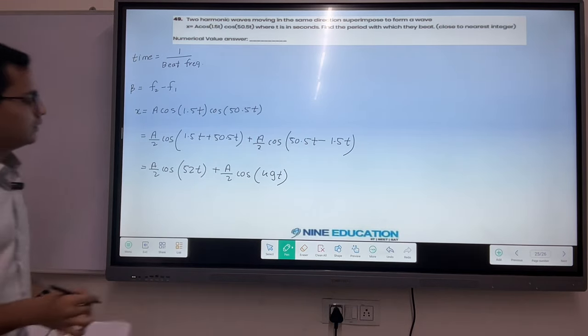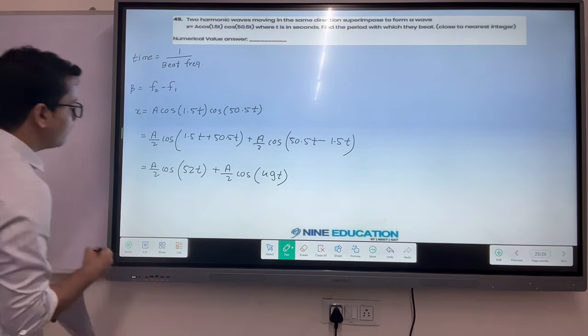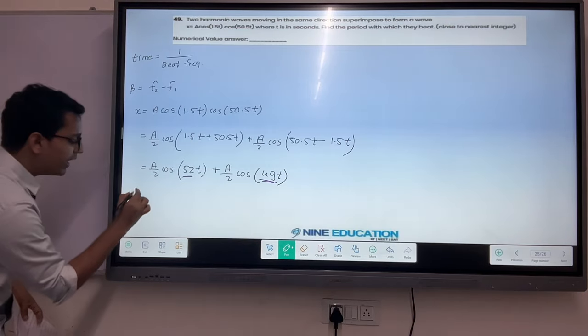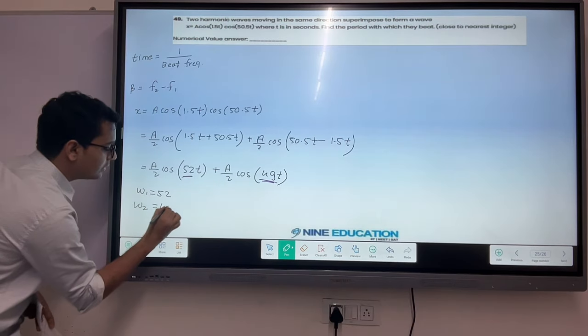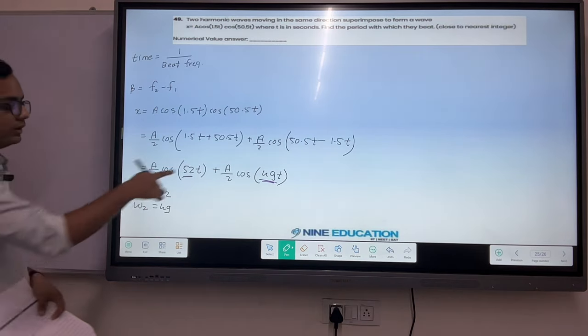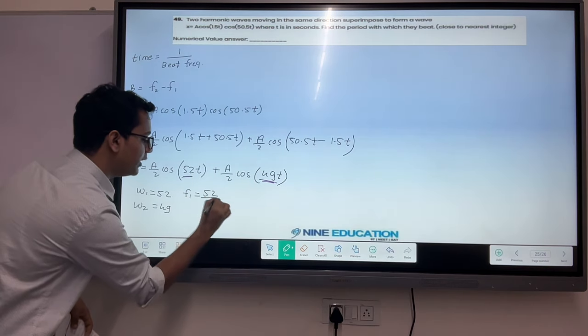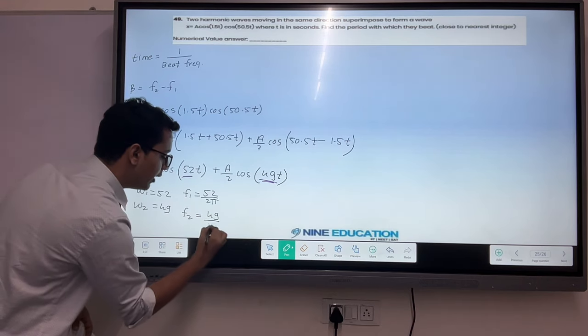Is it? Yes, 49t. You can see omega 1 is 52 and omega 2 is 49. Clear? But what is F1 and F2 then? F1 is 52 divided by 2 pi and F2 is 49 divided by 2 pi.